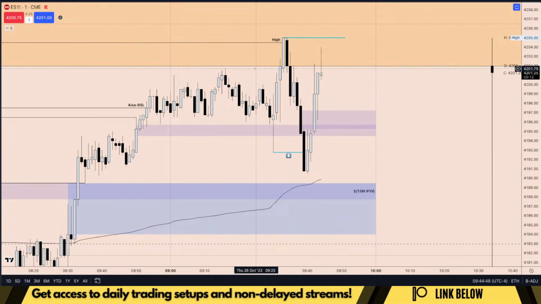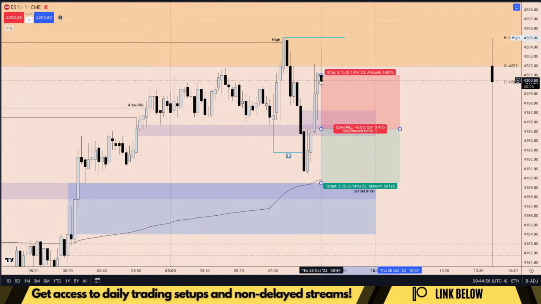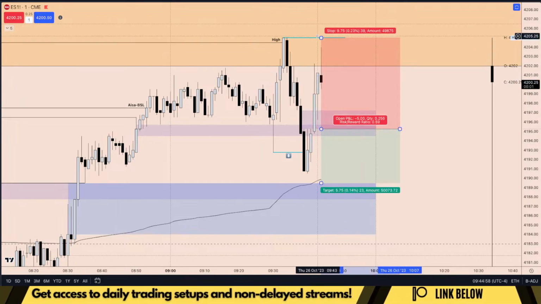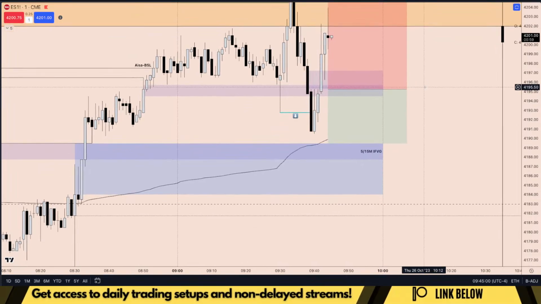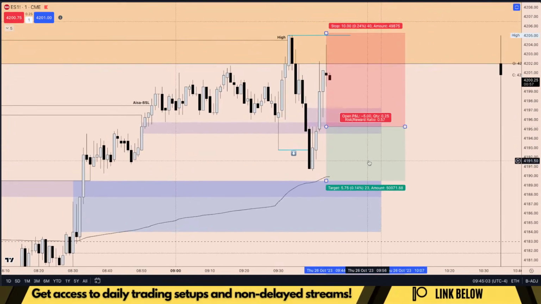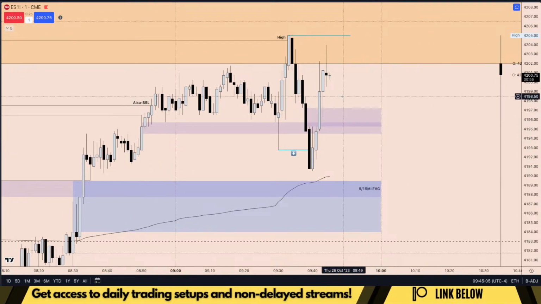We will see if we break this high again. Usually the stop loss for a 2022 model should be at the current high, a 10-point stop loss. Let's see if that stop loss would have worked better.